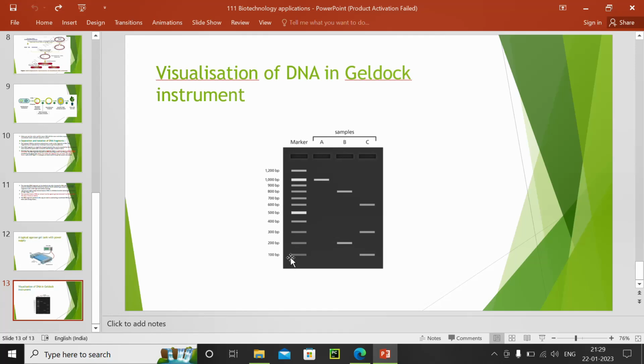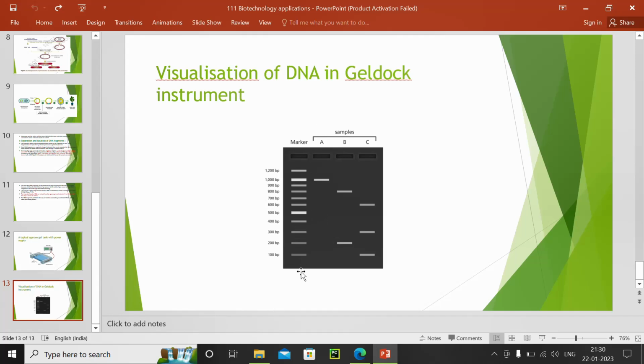With the help of the marker, we can say that this fragment is 100 base pair, because the marker is a standard of known base pair sizes.